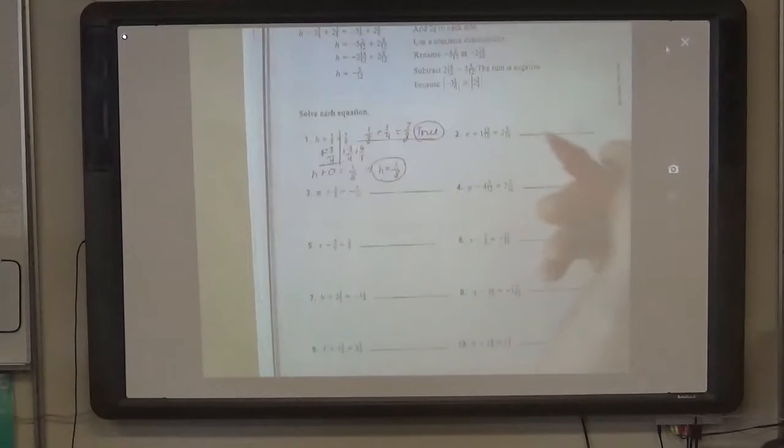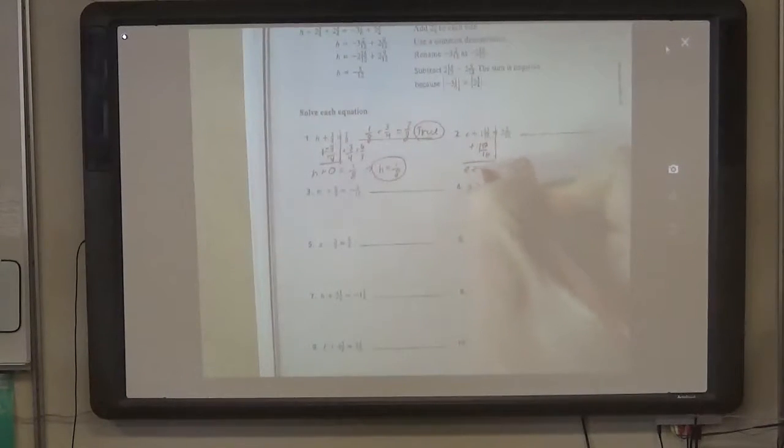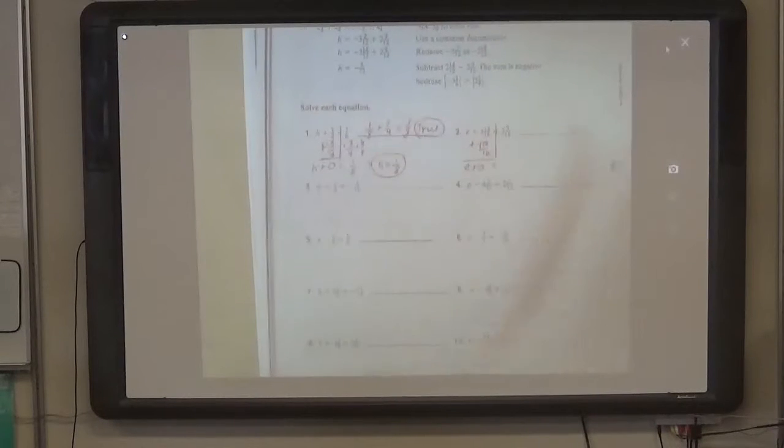Let's go on to number 2. Add negative 1 and 13/16 to both sides, so that e plus 0 equals something.